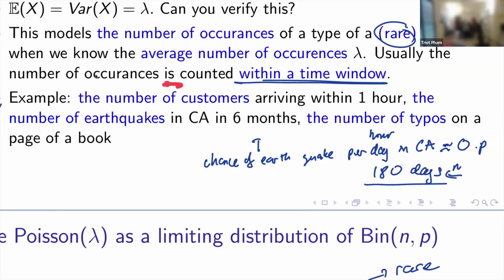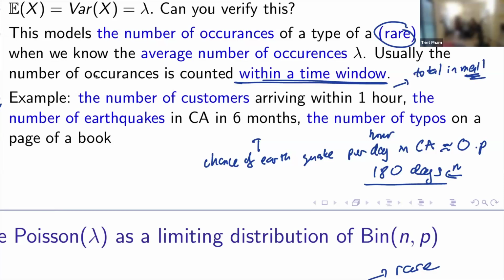Let's explain the customers here. Like I said, off the surface of it, it's kind of strange to think that the number of customers arriving at a store is a rare event. What's rare about it? But how this might be legitimately a Poisson approximation is something like this. You look at the total number of customers in the mall. That's large, I don't know, a couple thousand, maybe 10,000 a day.